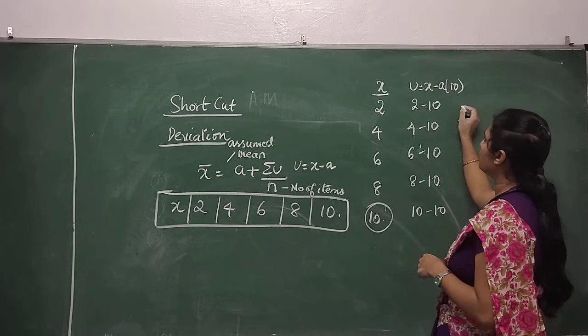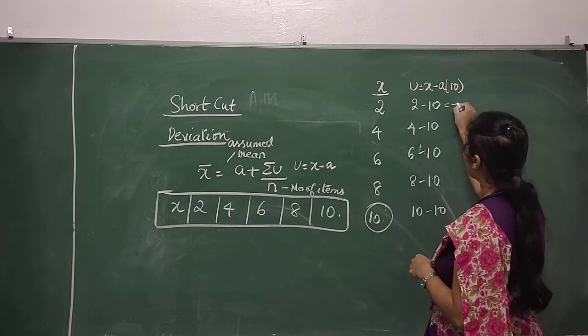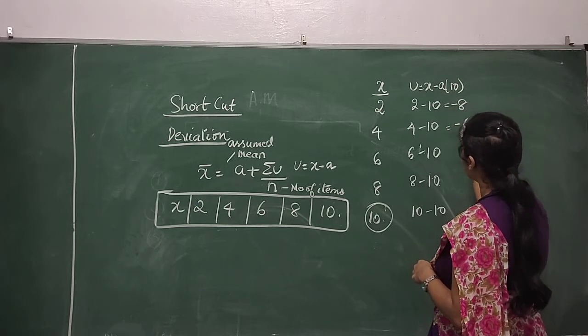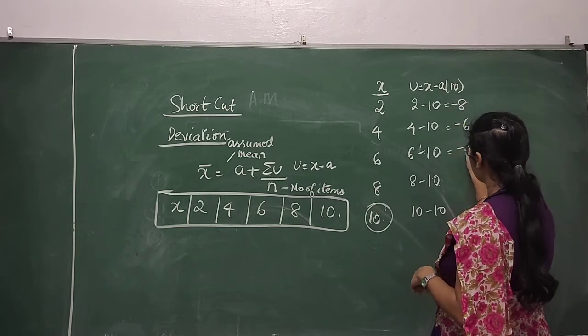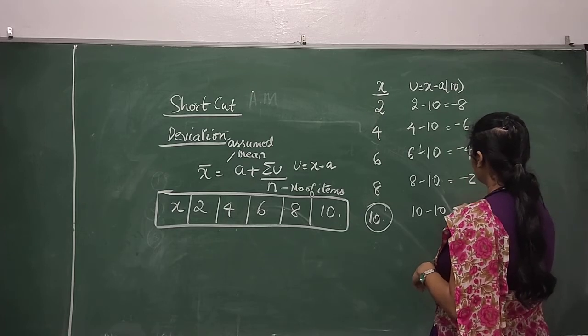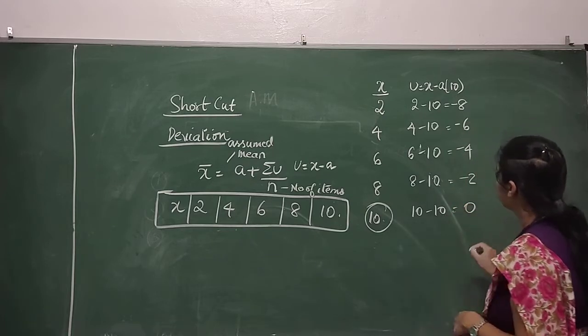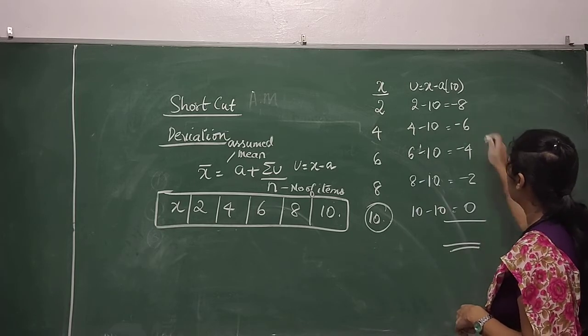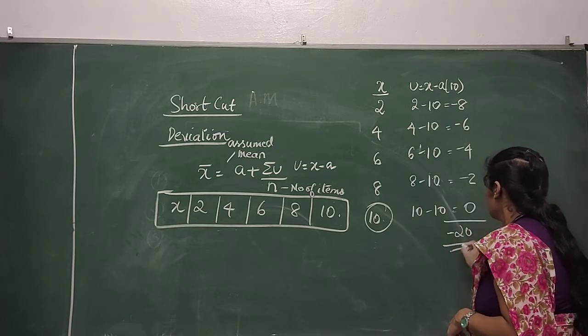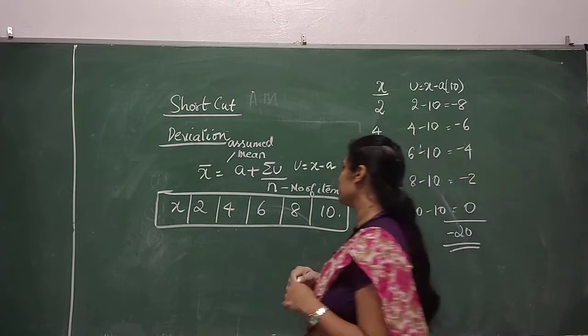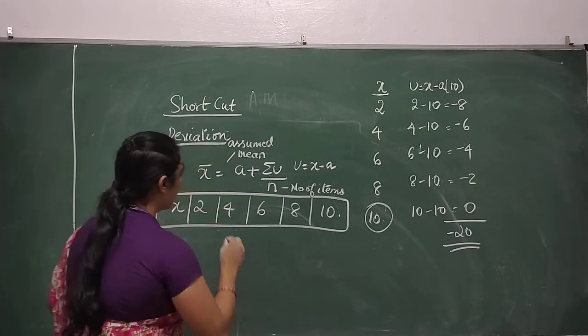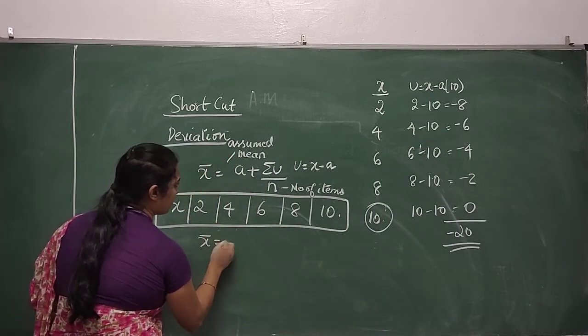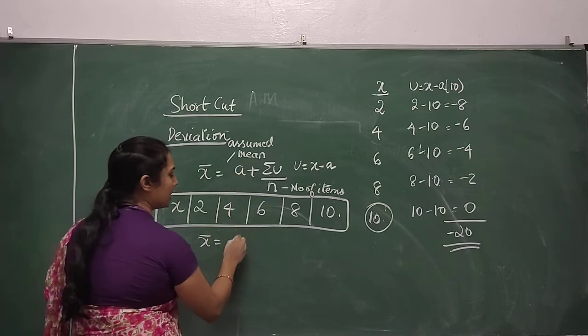So 2 minus 10 gives you minus 8, minus 6, minus 4, minus 2 and 0. So what is the total of it? It is minus 20.